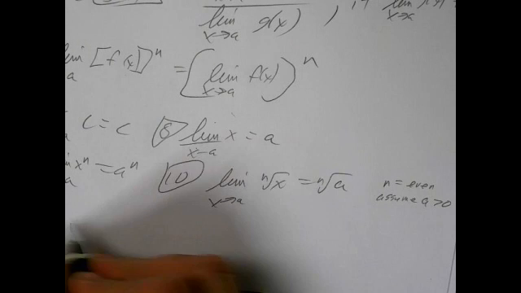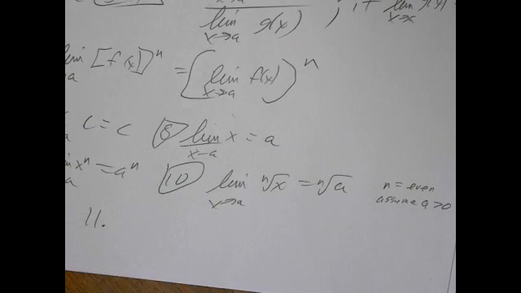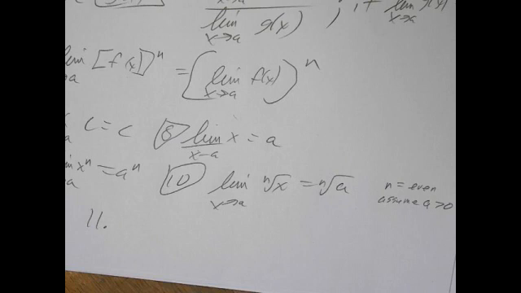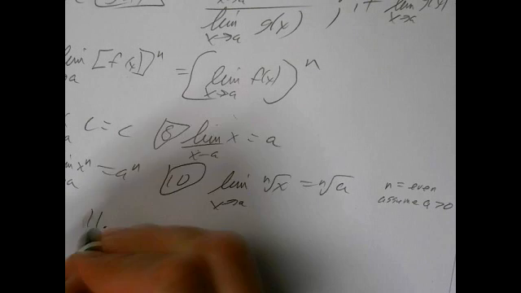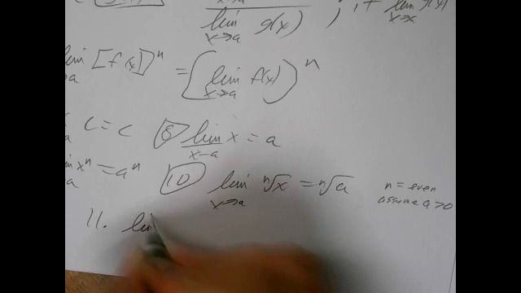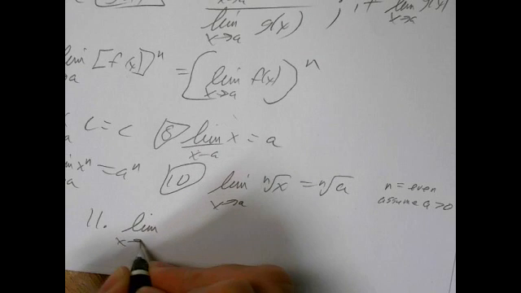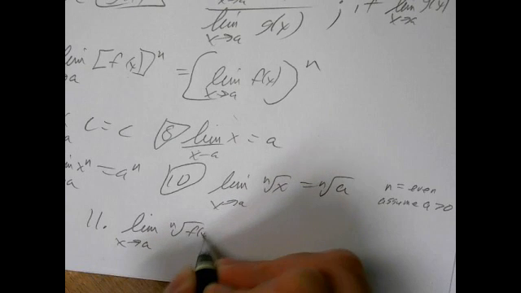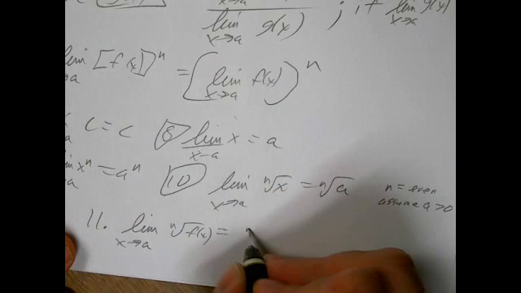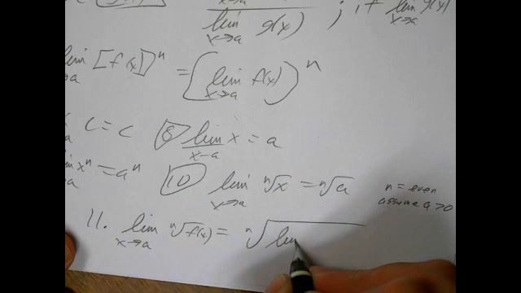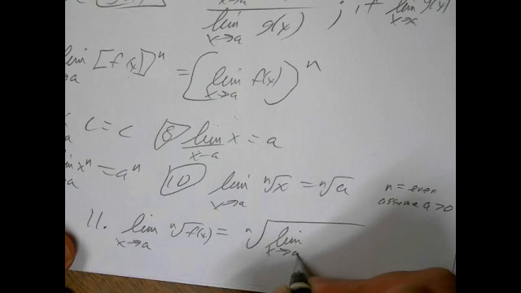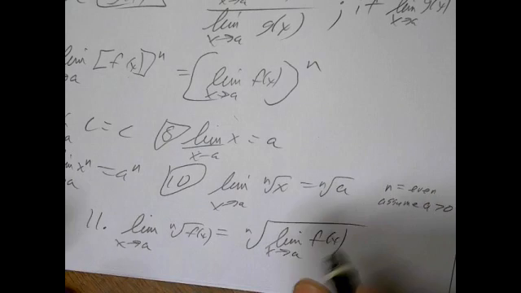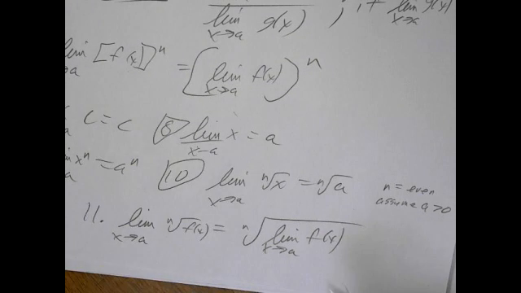And for, I believe, the last one for a while, they're going to use 6, 7, and 8 all together again to claim the limit as x approaches a of the nth root of f of x is equal to the nth root of the limit as x approaches a of f of x. So once again, they're using the previous ones for this one.